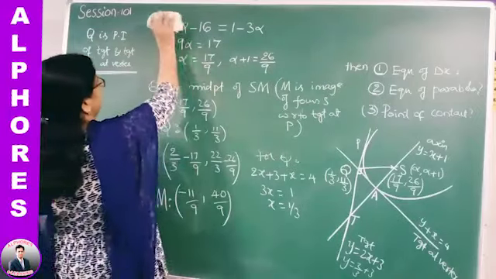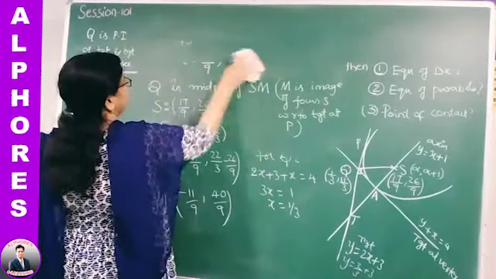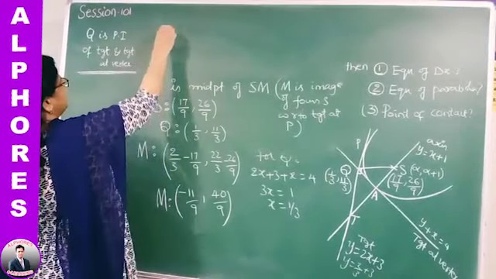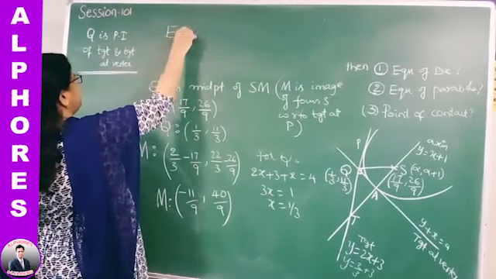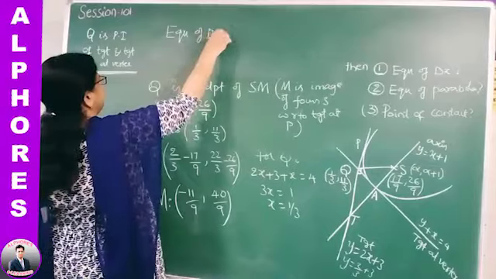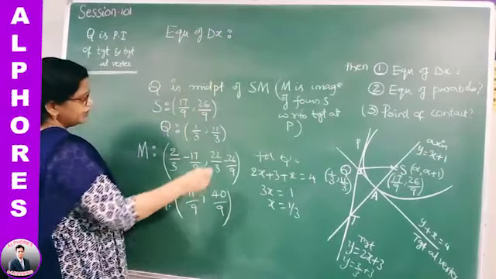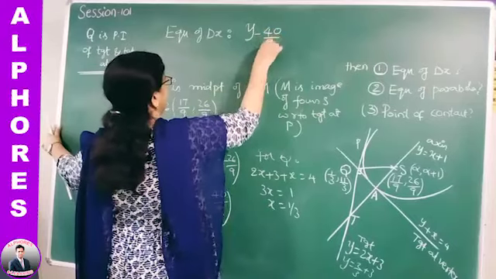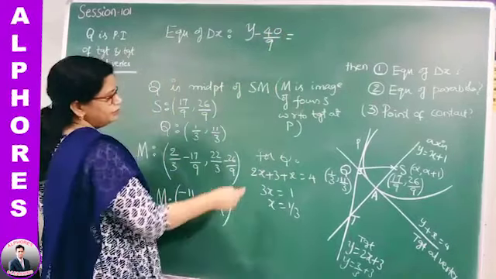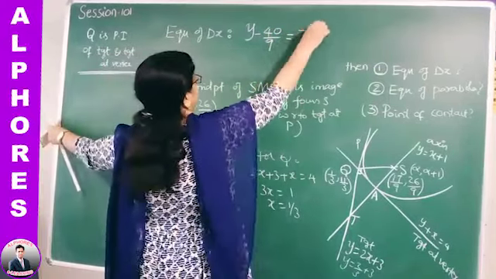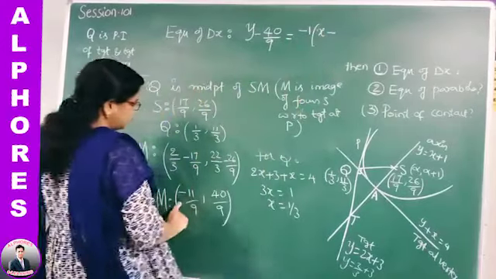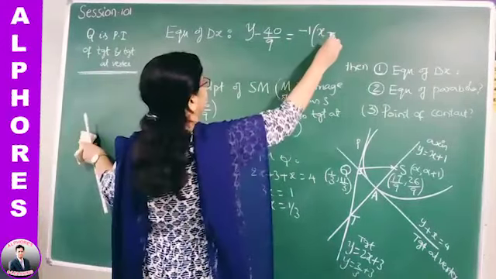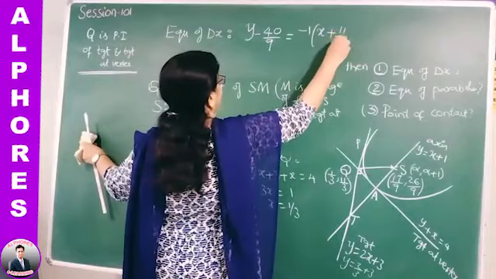Hence the equation of the directrix is y minus 40/9 equal to the slope minus 1 into x minus of minus, now it is plus, 11/9.